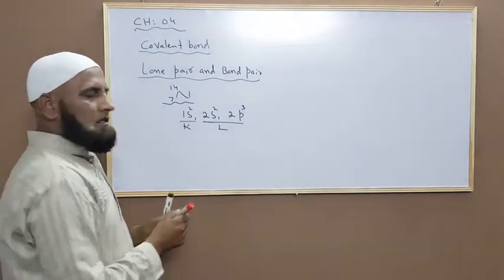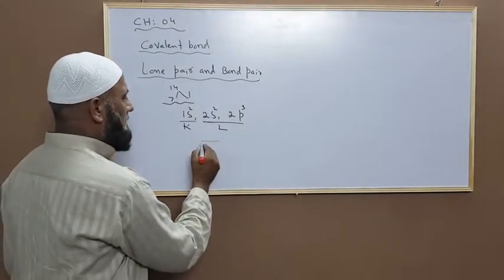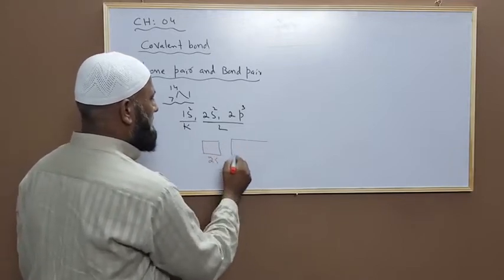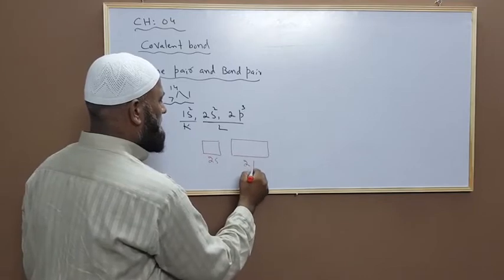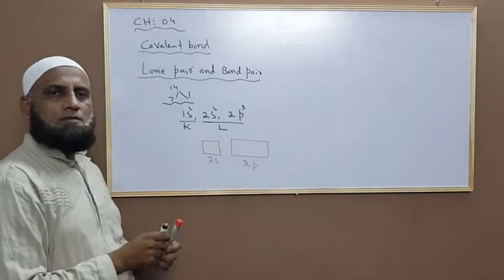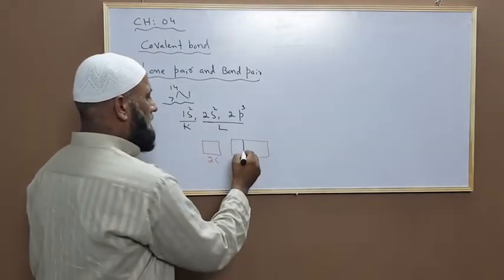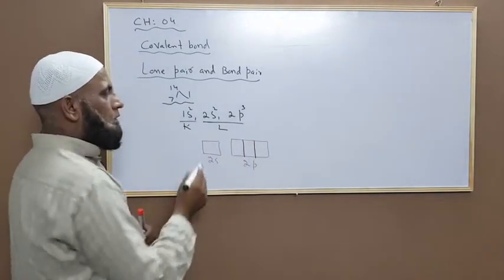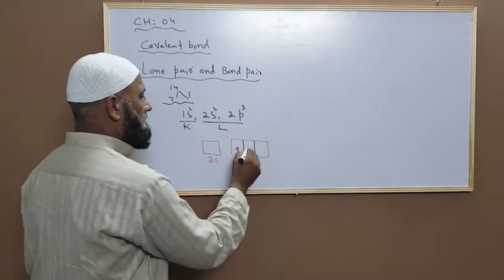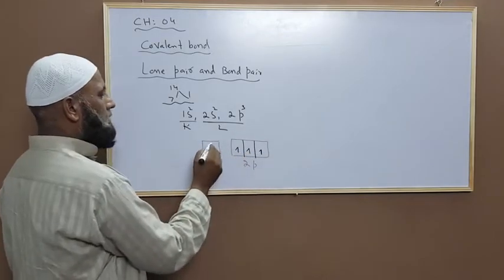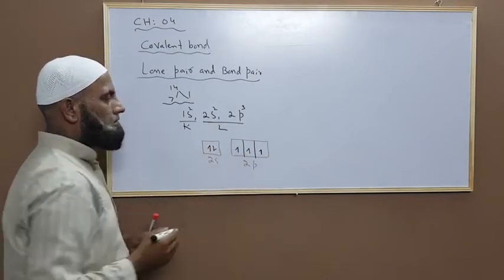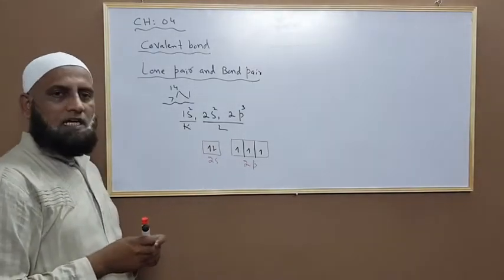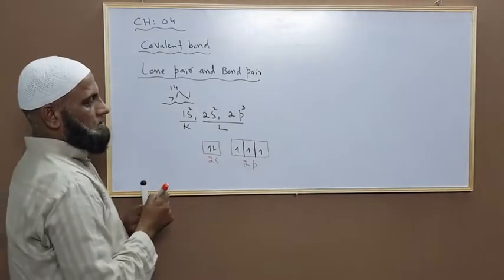So in the valence shell, you can see there are two orbitals, 2s and 2p. These are also known as subshells. In the 2p subshell, we can accommodate 3 electrons, 1, 2, 3. In the 2s subshell, there are 2 electrons. So in the valence shell of nitrogen, there are 3 single electrons.